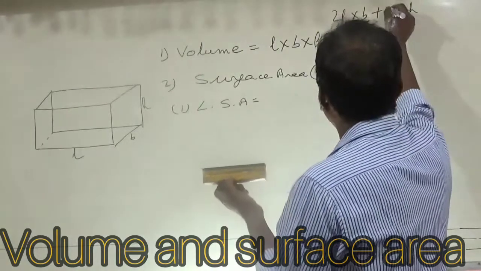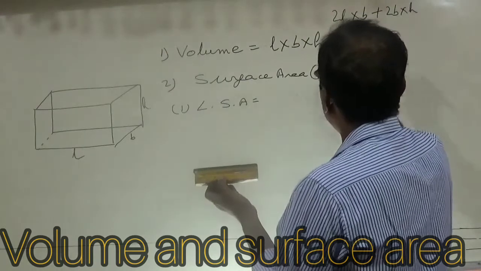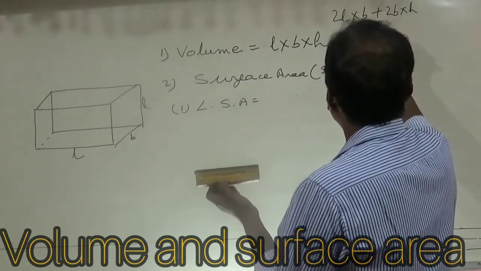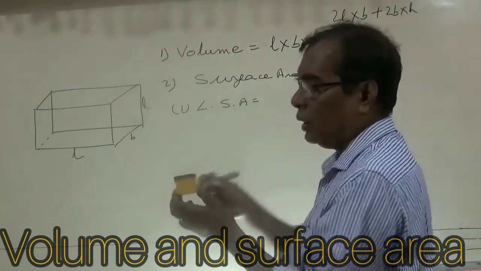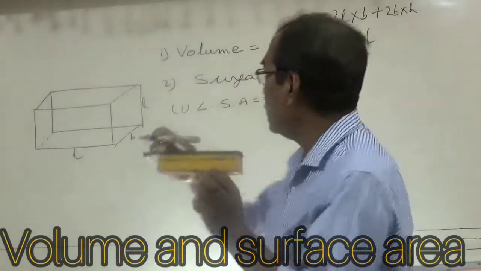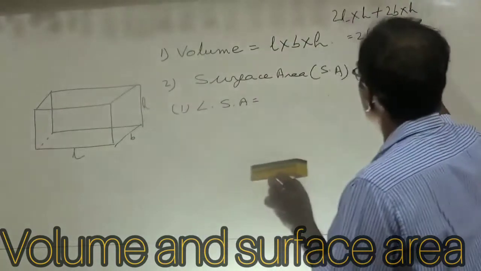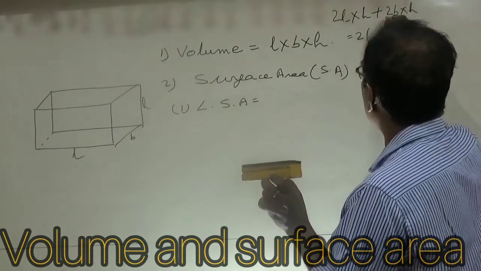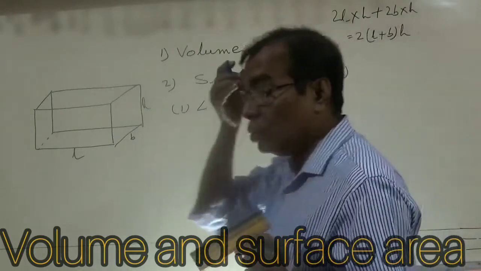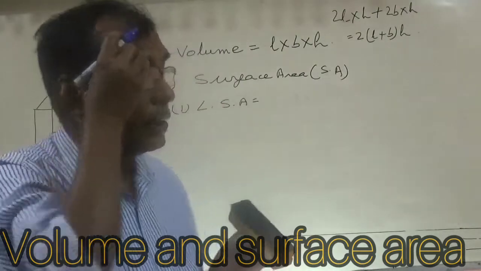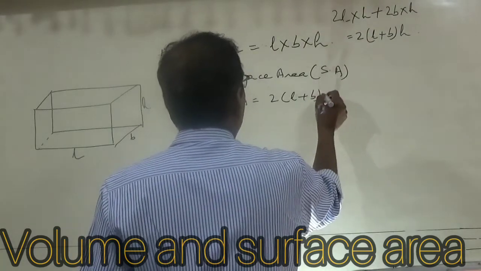Therefore this is 2 into B into H. If we take out 2 common, then it will be, just a minute, this is length into height, L into H, and this one is breadth into height, B into H. Now if we take out common 2 and H, then what will be there inside the bracket? It is something like this. So you can say that the lateral surface area's formula is 2 into H into (L plus B).